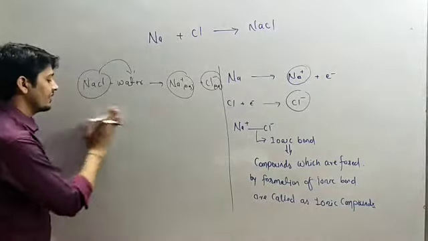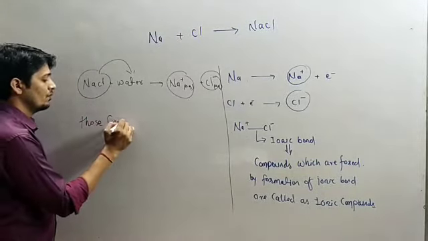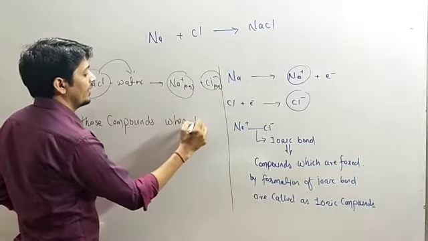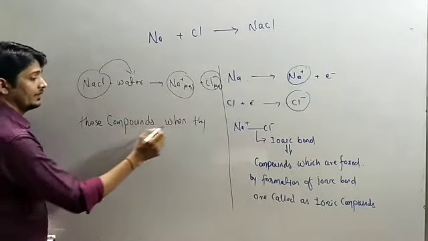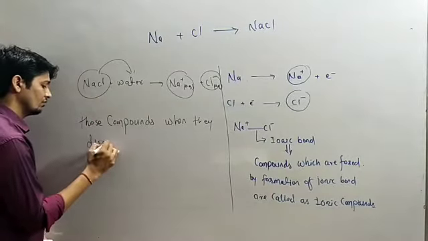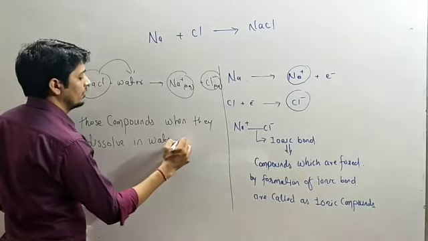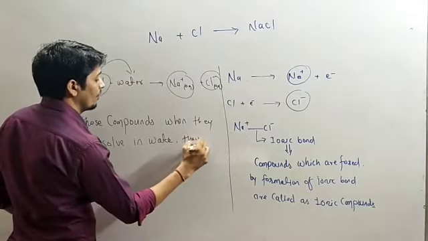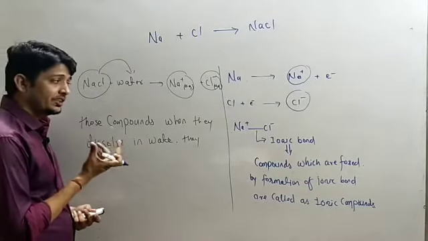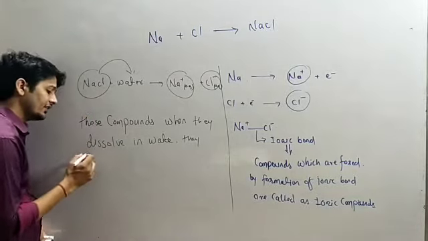So let's write the definition now. Those compounds which, when they dissolve in water, dissociate to form ions are called ionic compounds. You can say it breaks down, or dissociates, which is the same, but dissociate is the technical language for chemistry, so you have to write dissociates.